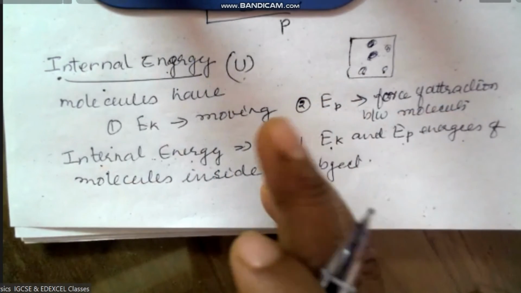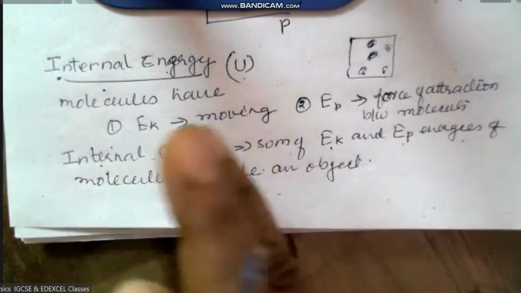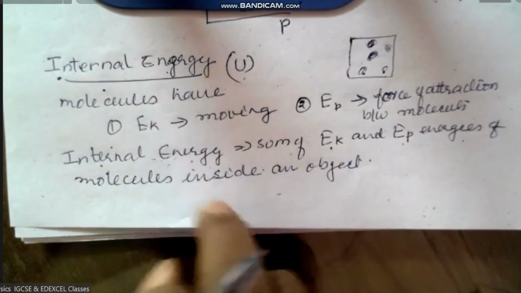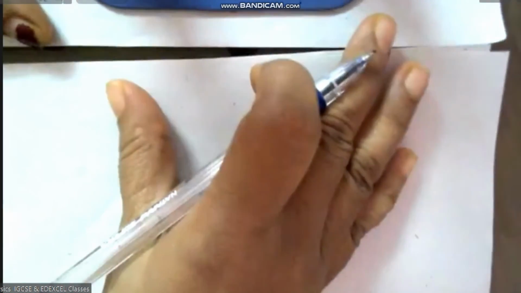Now let's talk about the internal energy of a real gas and the internal energy of an ideal gas. First, the internal energy of a real gas. Check whether real gases have these two energies.